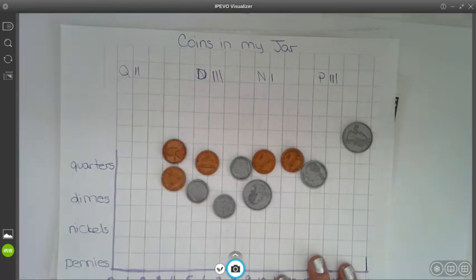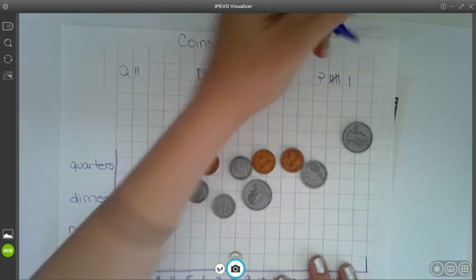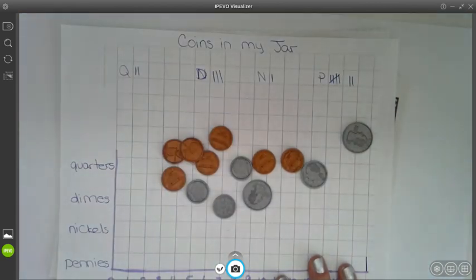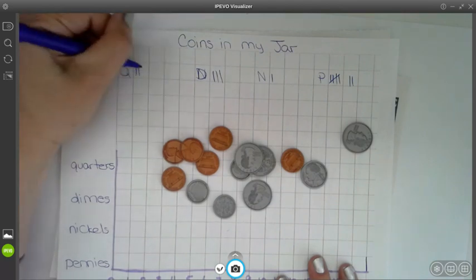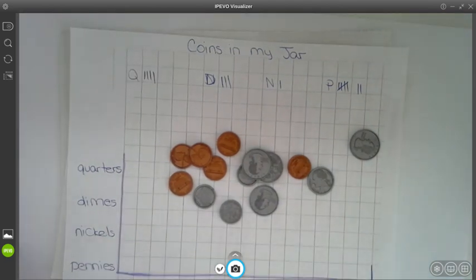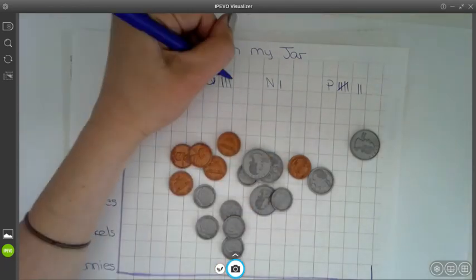Penny, penny, penny. 3 more pennies. Another penny. 2 quarters. 2, 3, 4. Oops. 4 more dimes.